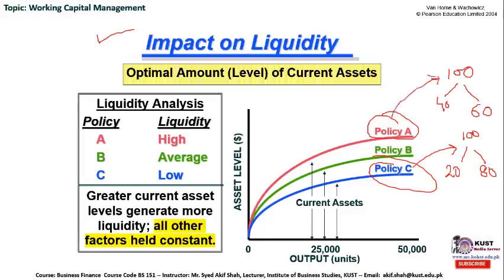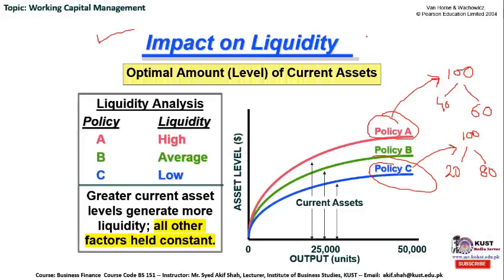So what is the impact of this different level of current assets on the liquidity of the company? In order to understand the impact on the liquidity of the firm, we should first of all know about the liquidity phenomenon. Liquidity means how fast certain assets can be converted into cash within 1 year or whatever the time period is.